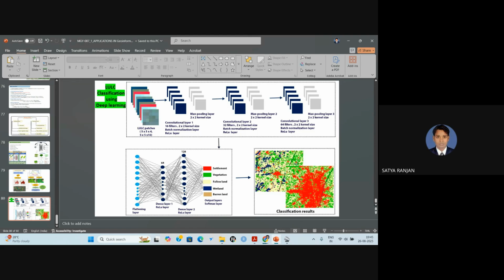So a lot of techniques are used for classification of land use and land cover. So this is about land use and land cover, and we'll see other applications, volcanic landforms. Then we'll see the practical session using QGIS.